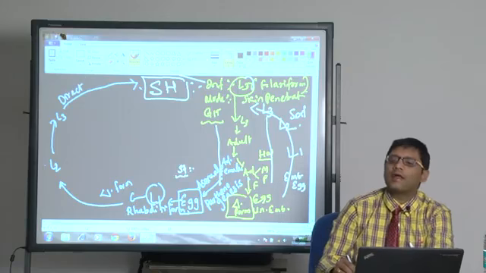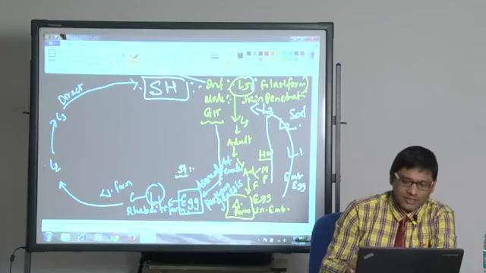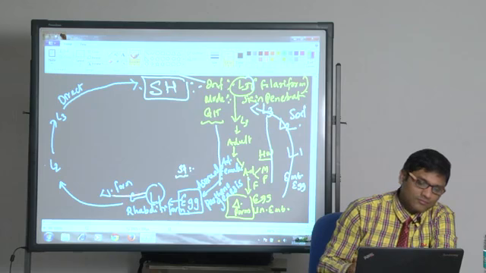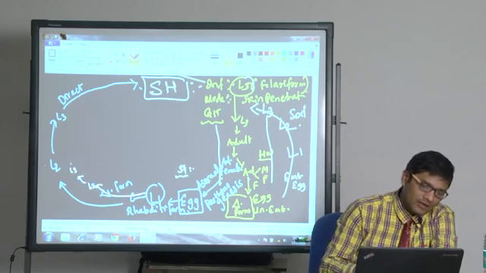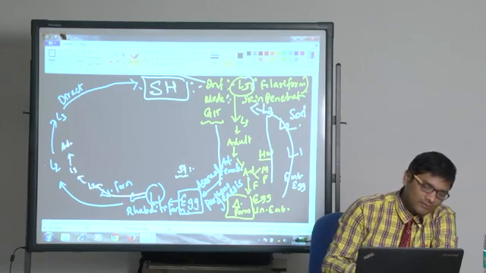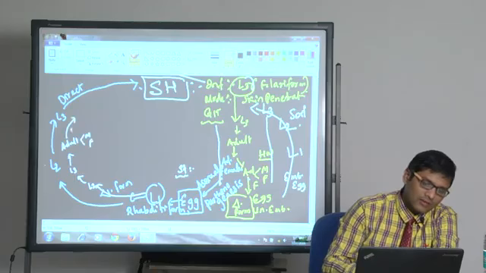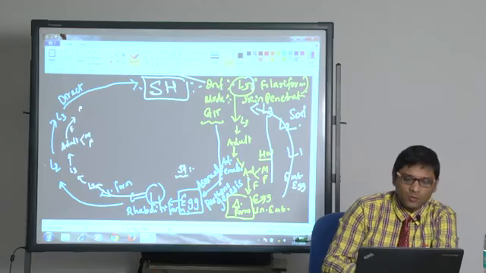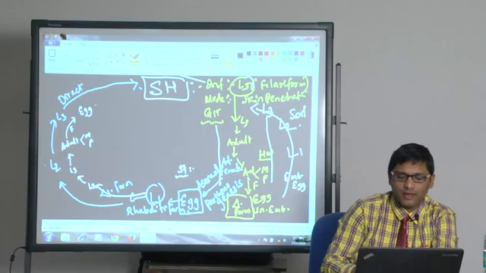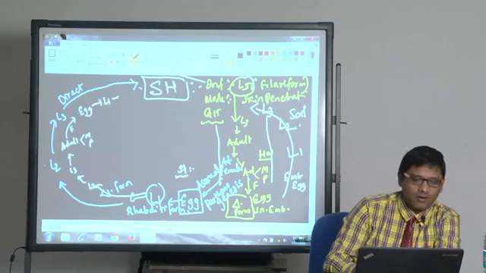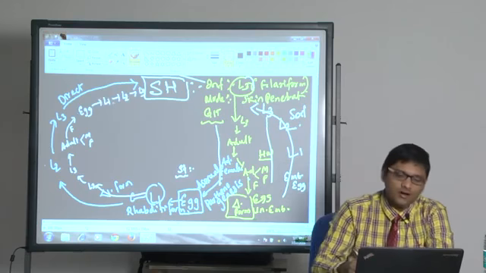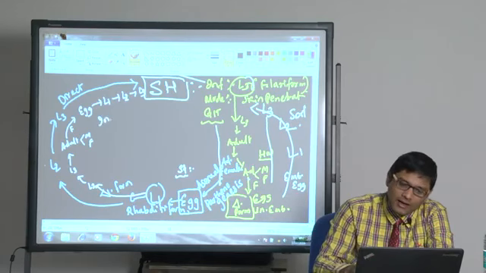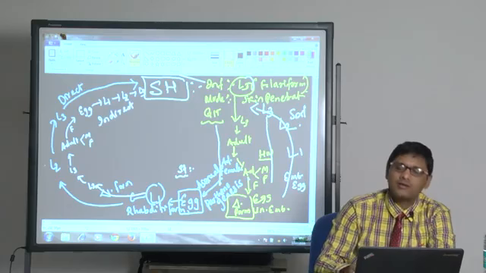There is an indirect environmental cycle also, in which L1 will become L2, L3, then adult male and female, they undergo fertilization to produce eggs. Eggs will hatch out to become L1, then L2, then L3. This is called the indirect environmental cycle.